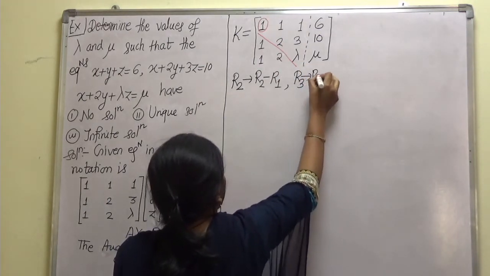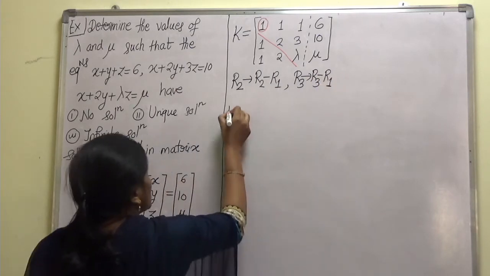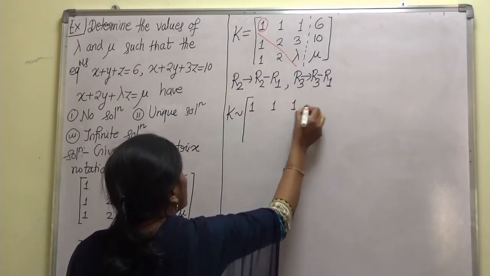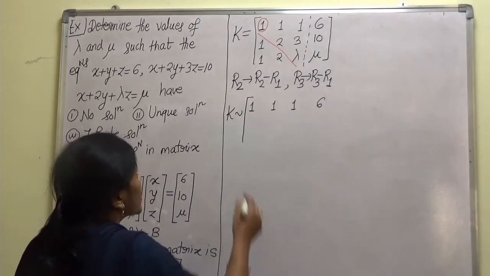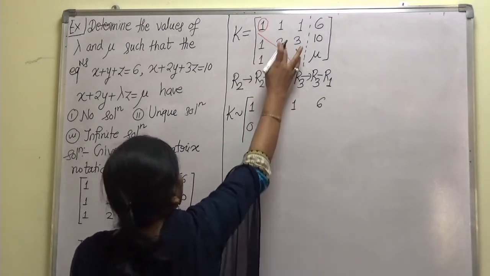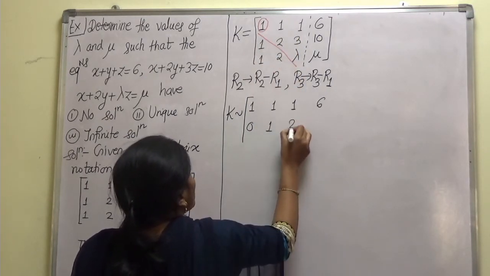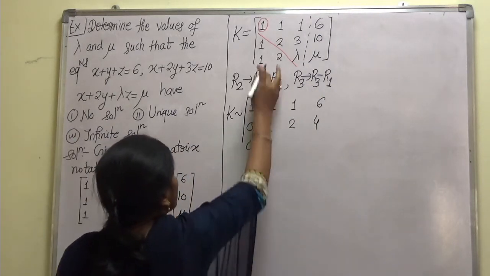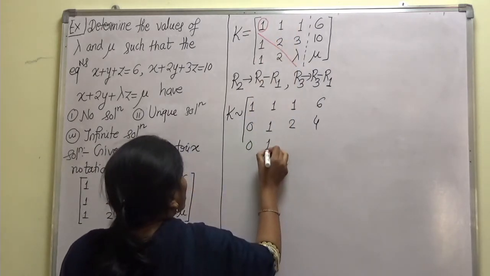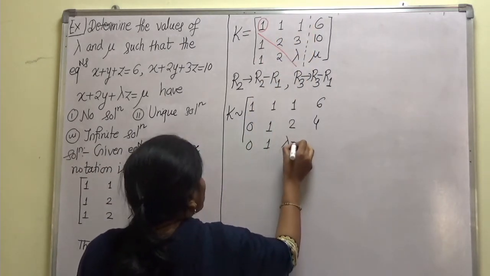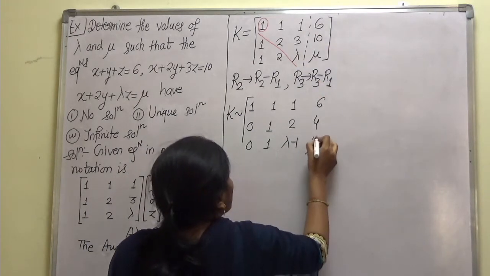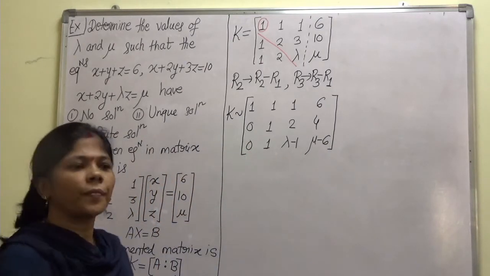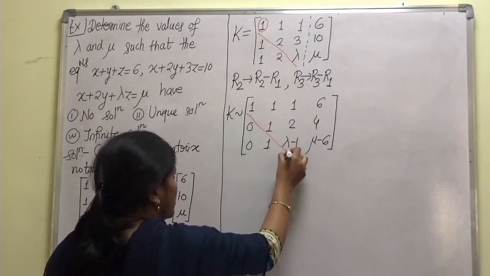R3 minus R1. So this K becomes 1 1 1 6; then 1 minus 1 is 0, 2 minus 1 is 1, 3 minus 1 is 2, 10 minus 6 is 4; next 1 minus 1 is 0, 2 minus 1 is 1, then lambda minus 1, mu minus 6. Now again identify the diagonal elements.